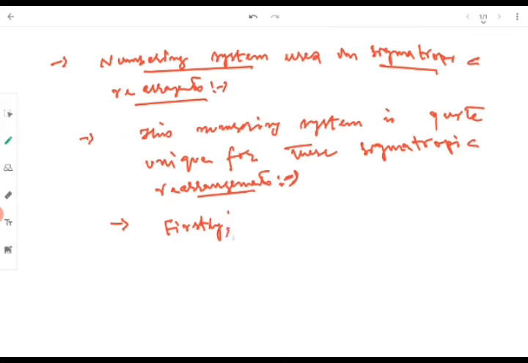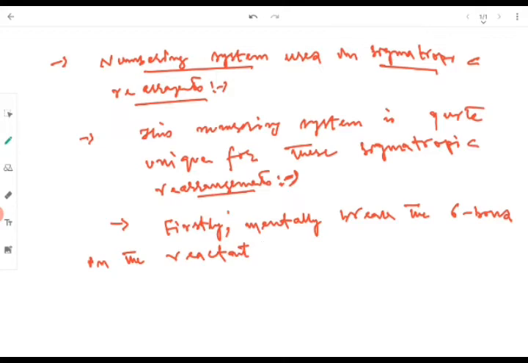Firstly, what you will have to do, you have to mentally break the sigma bond in the reactant and give a number 1.